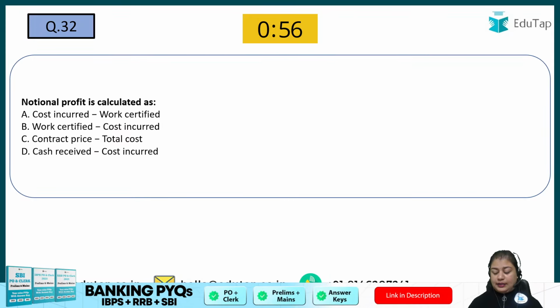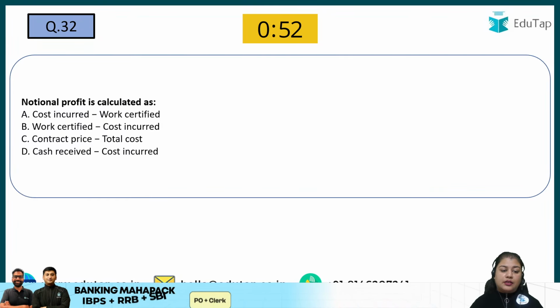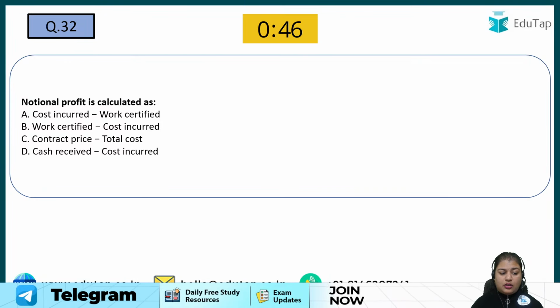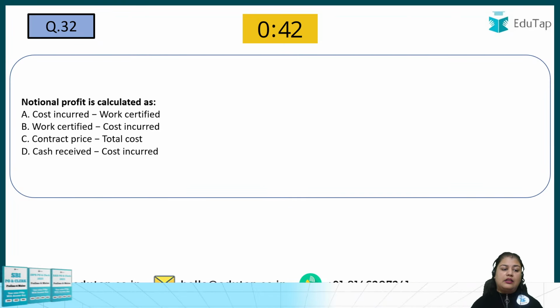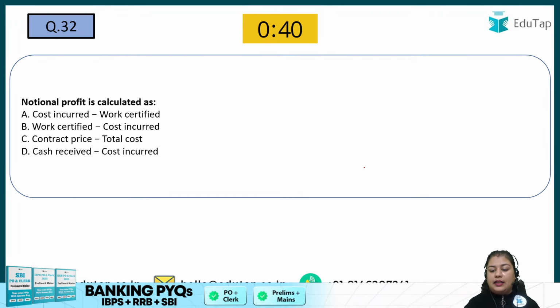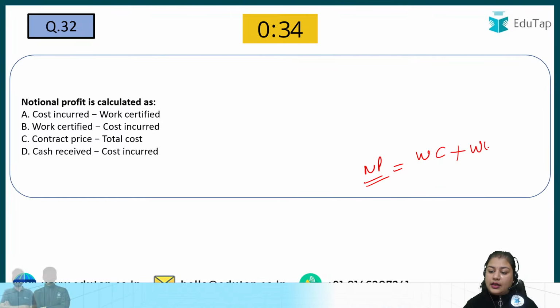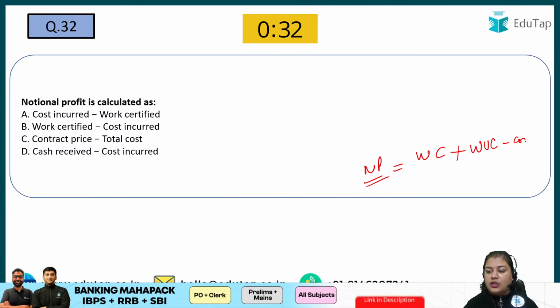Notional profit is calculated as cost incurred minus work certified minus cost incurred, contract price minus total cost, or cash received minus cost incurred. What is the correct answer here? Notional profit हम कैसे निकालते हैं? It will be, yes, work certified plus work uncertified minus cost incurred.